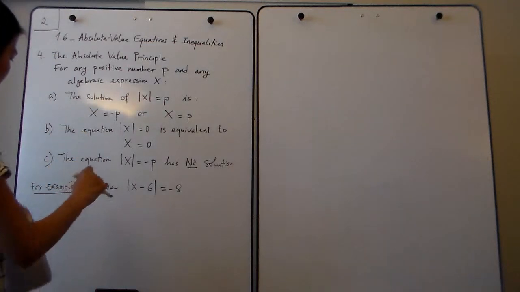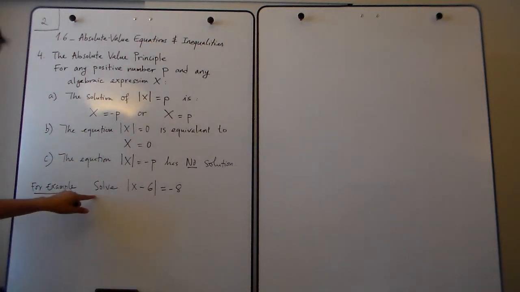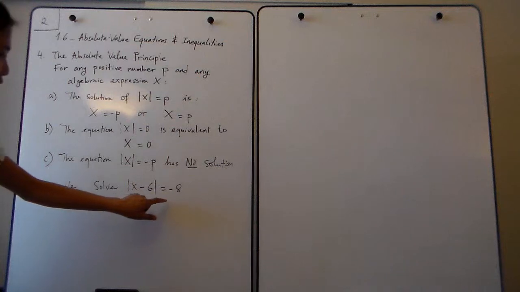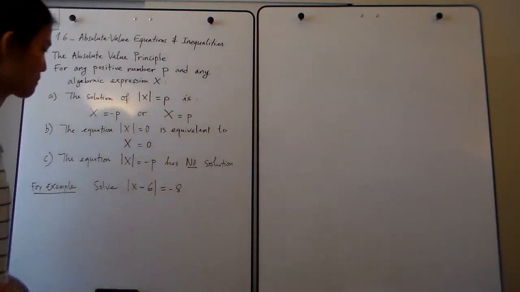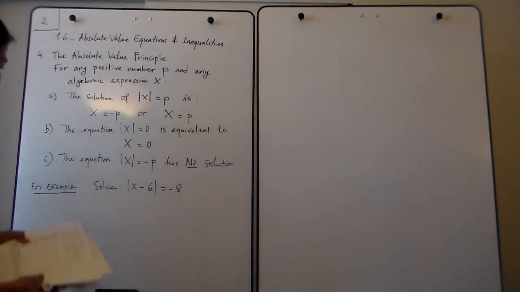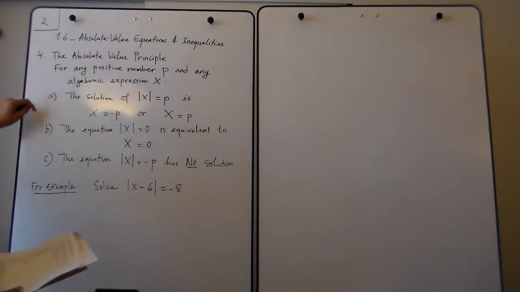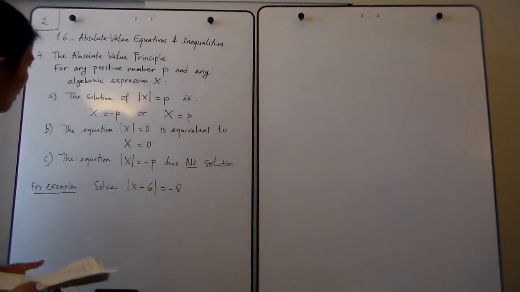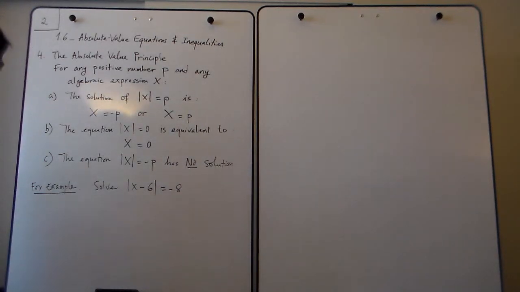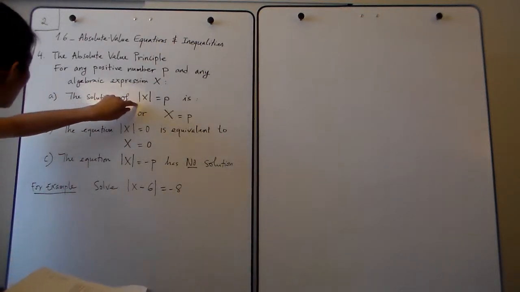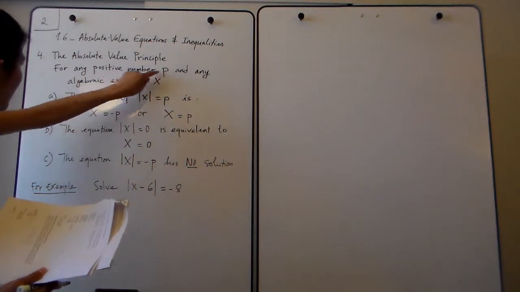So let's start with this example right here. Solve the absolute value of x minus 6 equal to negative 8. Now, which principle are you going to apply? Remember that p is positive.